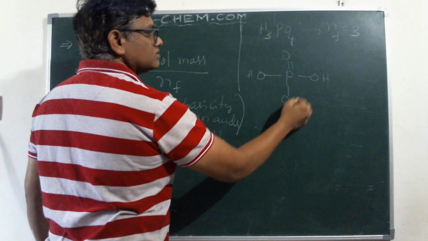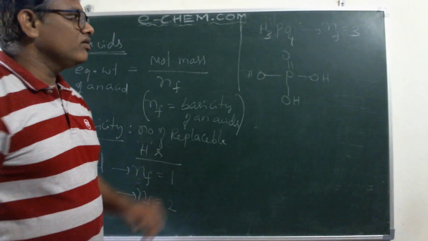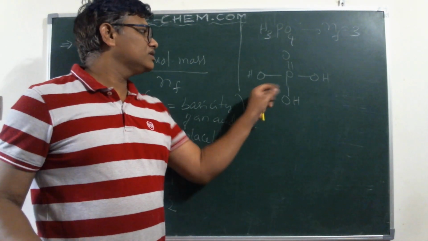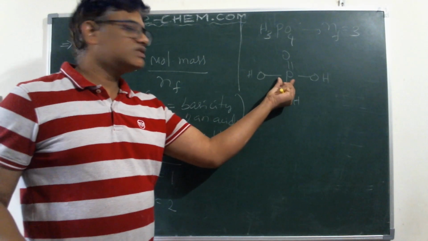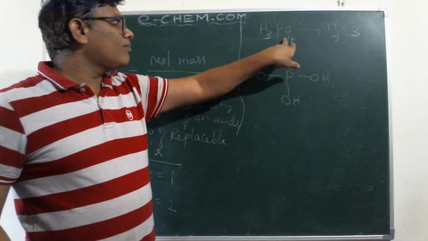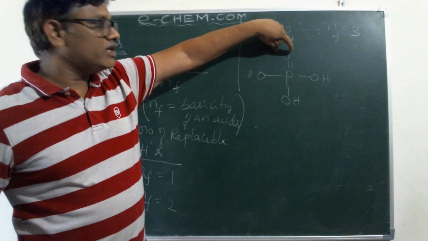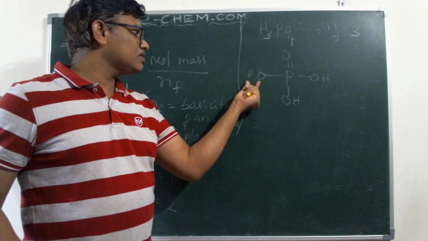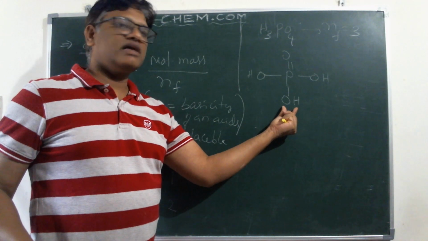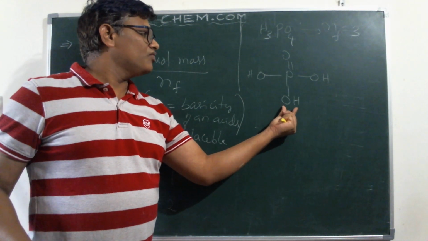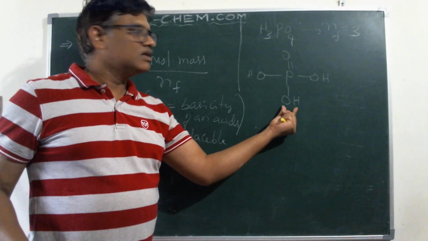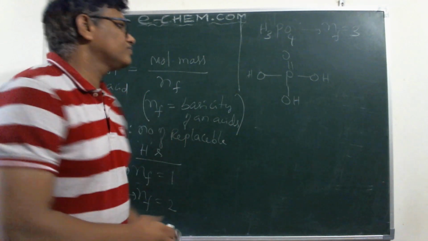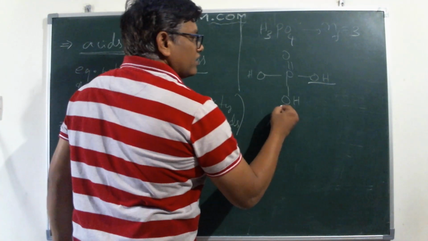One trick I will give you to draw the structure: in H3PO4, phosphorus is the central atom. Among 4 oxygens, 1 oxygen is kept with a double bond. The remaining 3 oxygens are written with the 3 hydrogens as OH groups, which are polar in nature. These OH groups can release a hydrogen.